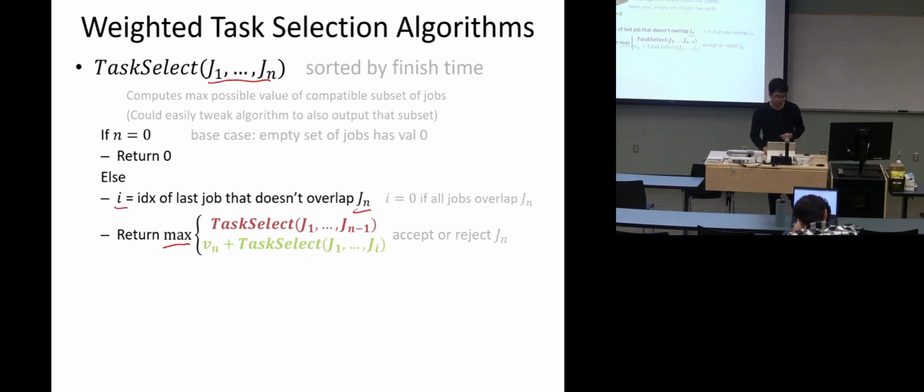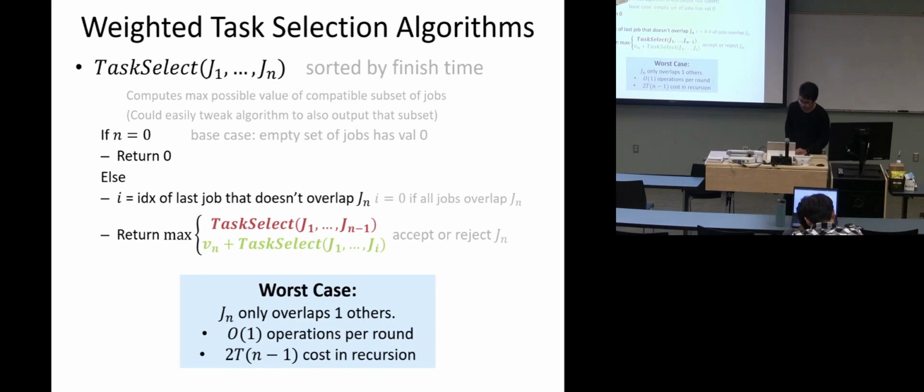But if you look at it like this, if you just write down the recursion, this is correct. But now let's analyze the running time. It looks like the recursion will look something like this.